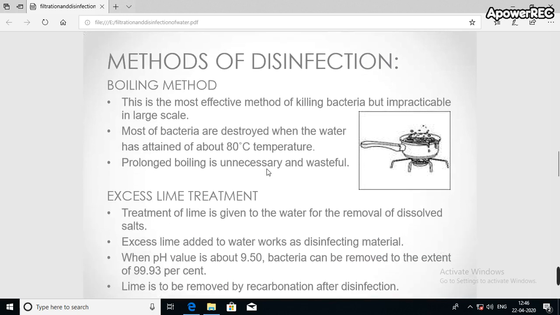Now there are different disinfecting methods. Obviously the very reliable and easily available method is the boiling method, which we can do in our home also. Then there is excess lime treatment, which removes dissolved salt. Lime will be added, and as a result the pH value will be higher, so the bacteria will be killed.